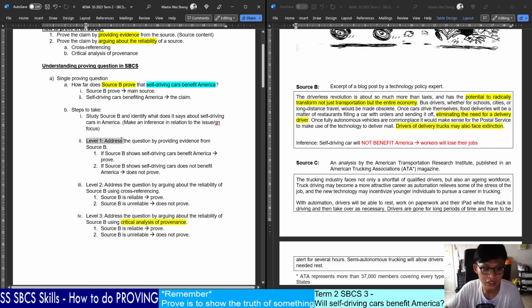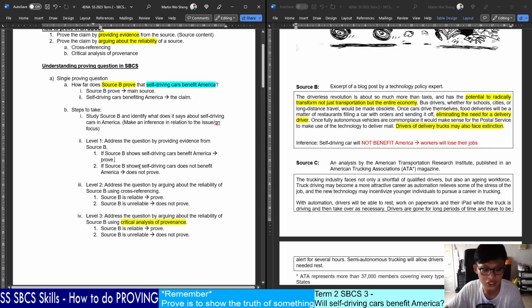Then level 1, we address the question by providing evidence from the source itself. If source B shows that self-driving cars benefit America, in other words, whatever inference you make from the source is the same as the claim here, then source B proves.